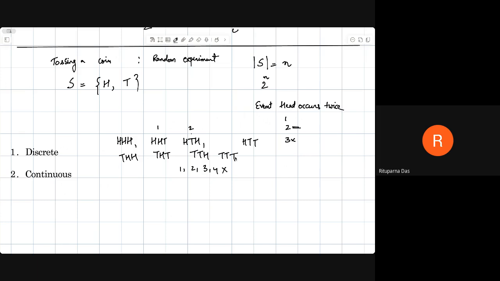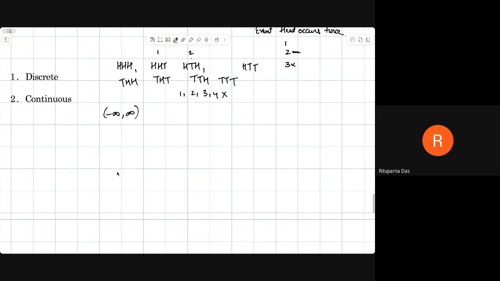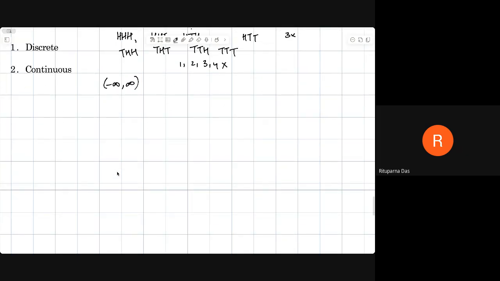So they are infinite, right? It is like an interval between say minus infinity to infinity. We cannot really count here. That kind of probability distribution will be continuous probability distribution, right?